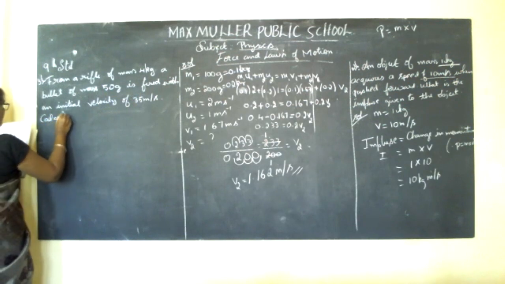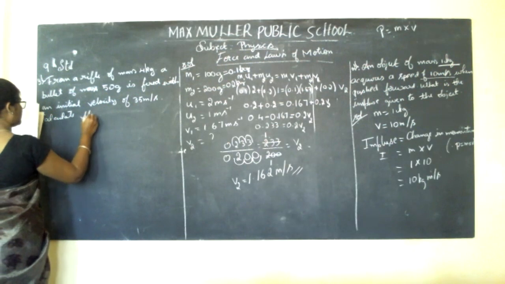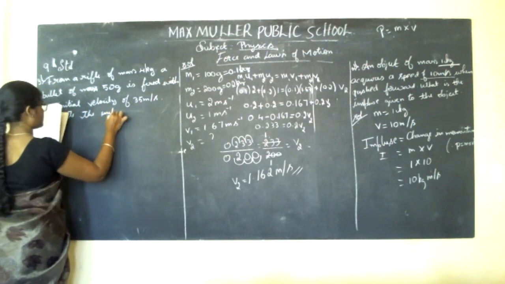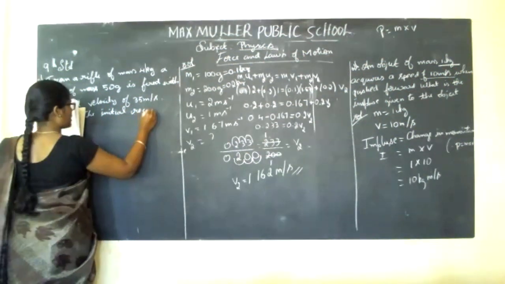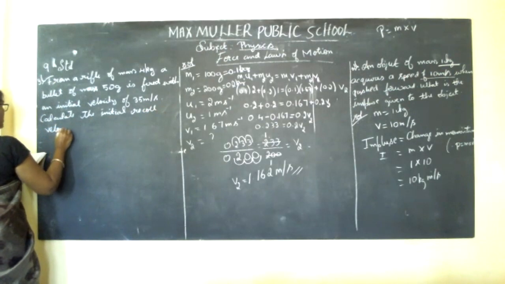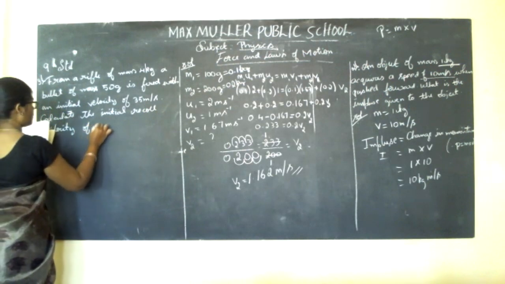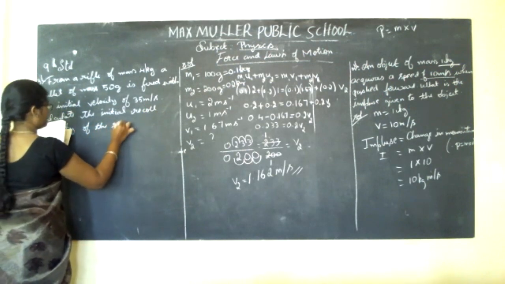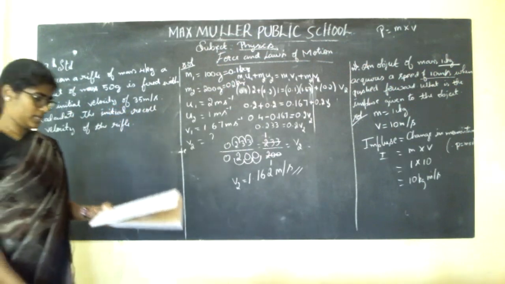Calculate the initial recoil velocity. That is when you trigger the rifle, before triggering. Velocity of the rifle. Recoil in the sense it is before triggering.